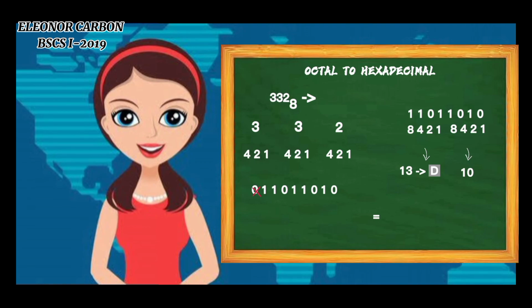Now 13 corresponds to D, and in the hexadecimal system we have a D and then we have 10. Reading it from left to right, so our final answer is 332 in the octal system corresponds to D10 in the hexadecimal system. So this is the answer.